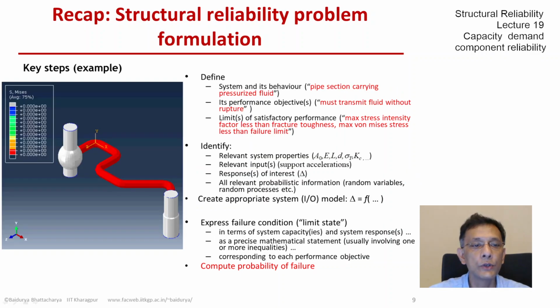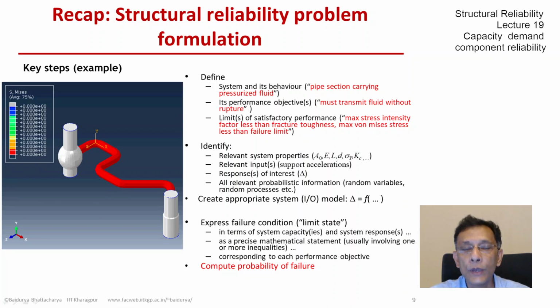So let's continue. Let's say instead of a cable in tension or a cantilever beam under transverse loads, we have a pipe section carrying pressurized fluid, and the requirement is that this must transmit fluid without rupture.